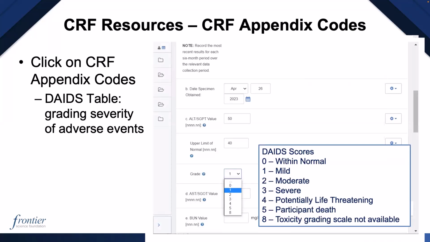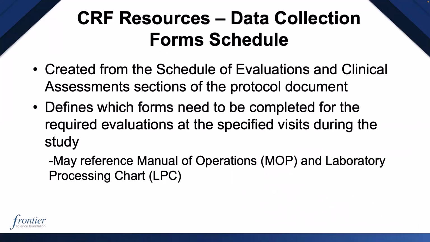Note that our scoring options include 0, which is within normal limits, 1 through 4, which would be those columns in the DAIDS table, and then a grade of 5 in the event of a participant's death. Also, we could use 8 to indicate that the toxicity grading scale is not available for this test. So anyway, since our lab value was 50, and that's 1.25 times greater than the upper limit of normal, which was 40, we're going to assign a grade of 1 to this value.